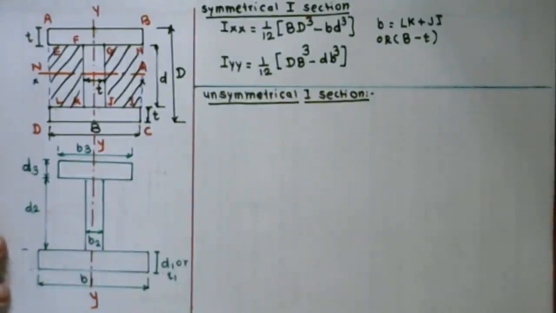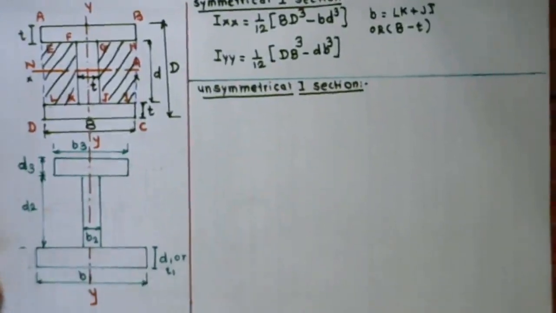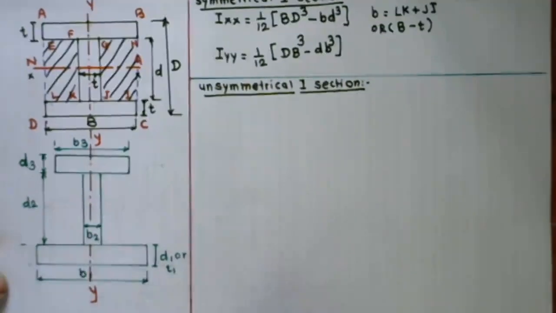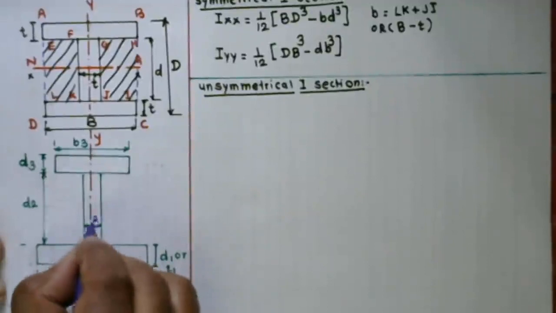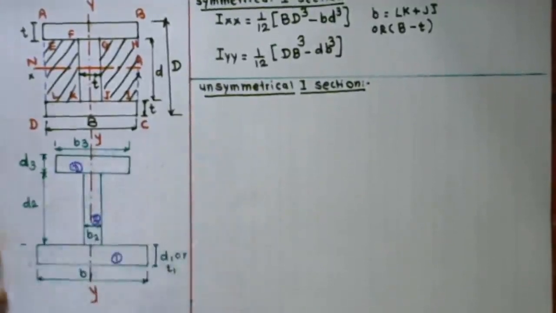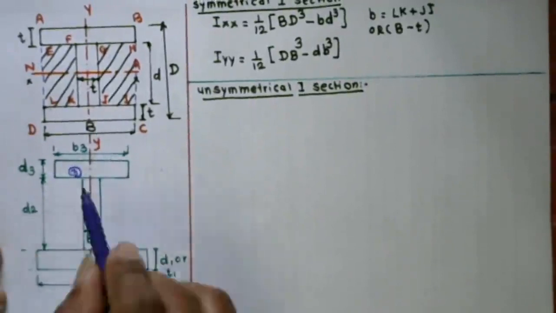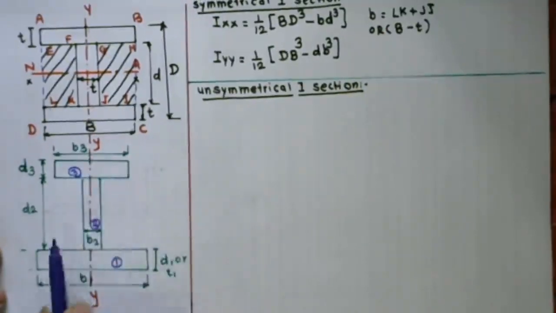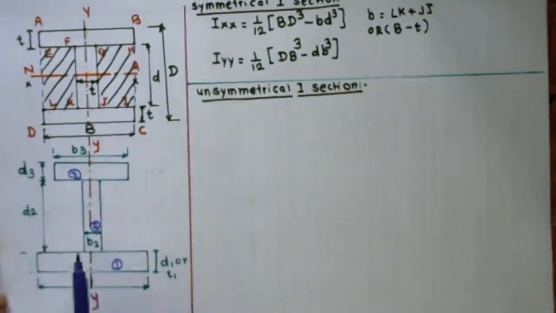Now let's see how to calculate the moment of inertia for unsymmetrical sections. In this section, three rectangles are there: this first rectangle, this second, and this third. It is symmetrical only about the YY axis, but it is unsymmetrical about the XX axis. So when it is unsymmetrical about Ixx, how do we calculate it?